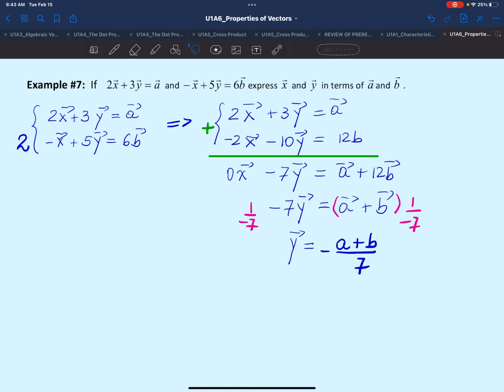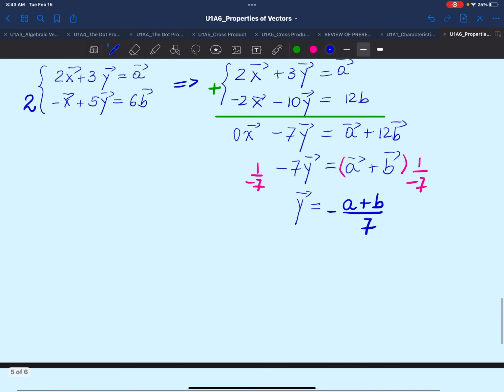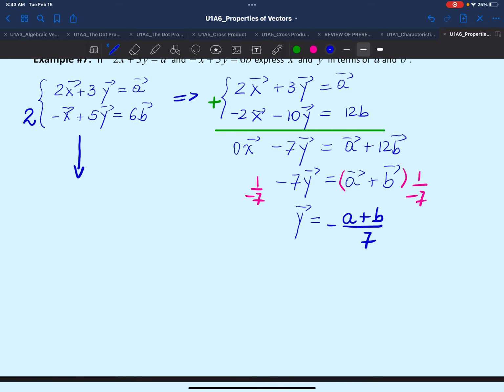Now that we have the vector y, we can express vector x in terms of a and b by simply using one of the equations. So I'm going to use negative x plus 5y equals 6b. And I will replace y with negative a plus 12b over 7.